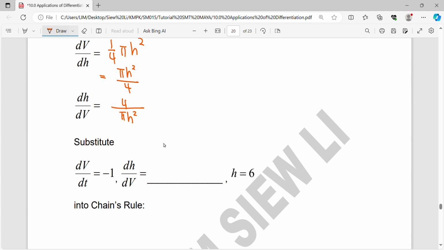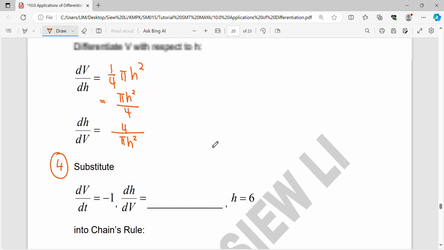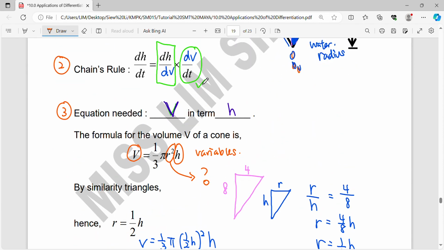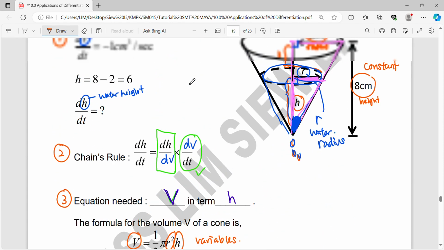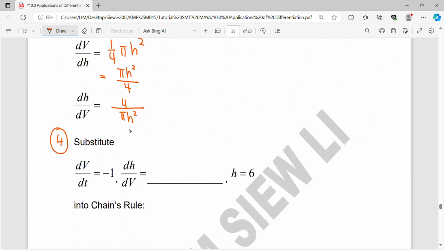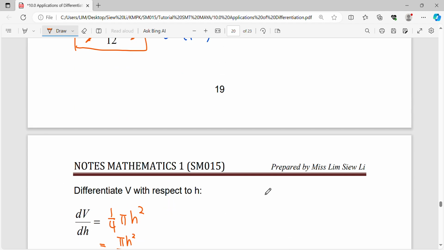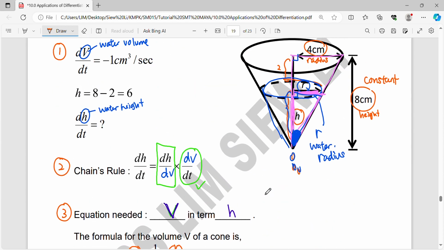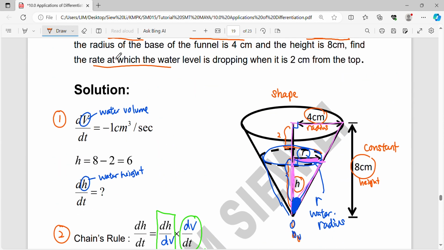Lastly, step number 4, we're going to substitute all the information back into the chain rule that we formed here, as dV/dt is equal to -1 and dh/dV is 4/(pi h squared) that we found. And what is h? h is the value at which we want to find the rate of change. They want to find the rate of change when the water level drops 2 cm from the top.